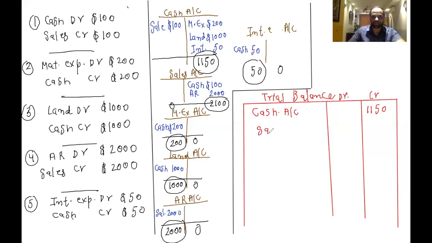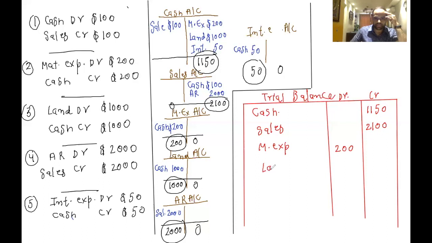Sales account, or you can write sales if you want, it's up to you, because the accounts we already prepared. So sales has a credit balance 2100. Material purchase or material expense has a, oh sorry, debit balance 200.